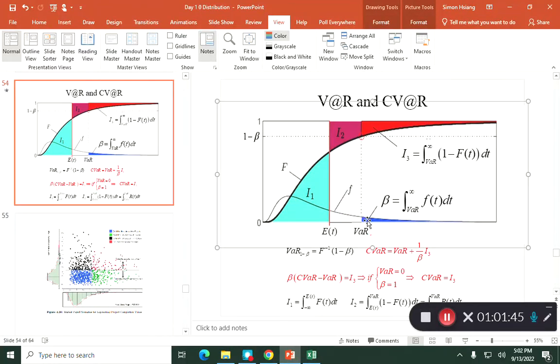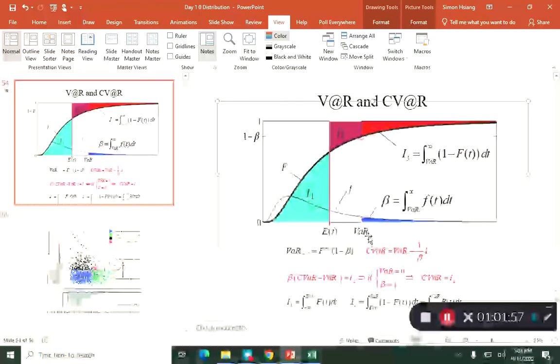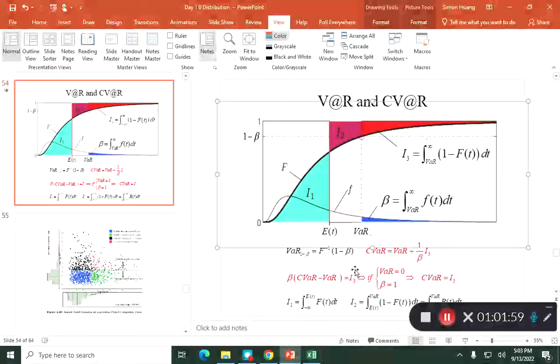So if I have a blue region, that blue region is defined by a VaR value. VaR, put it down, is value at risk. Sometimes the notation depends on the writer, they write VaR with an epsilon sign. But no matter what, it is your value at risk at this level.